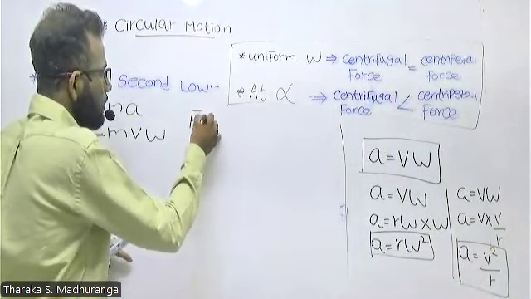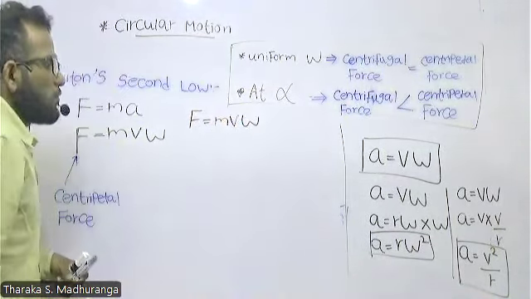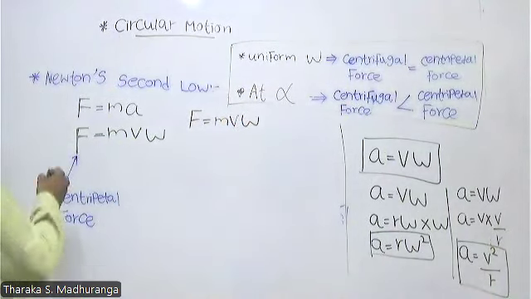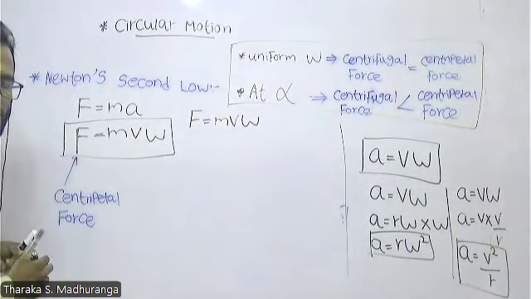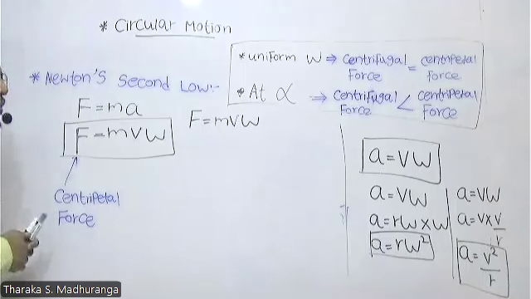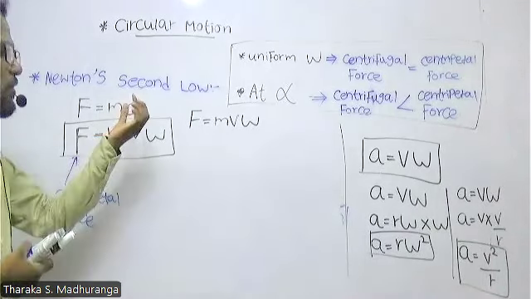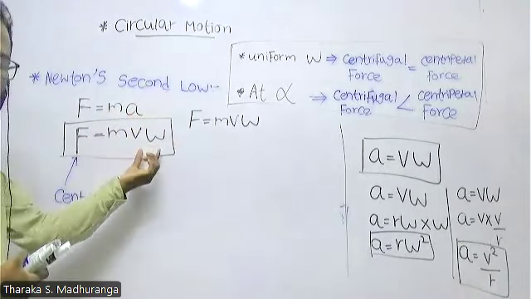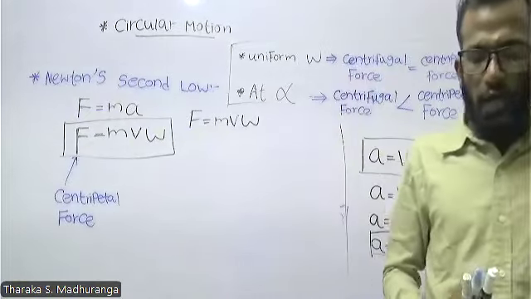F equal m v omega is the main equation to find the centripetal force. According to Newton's second law, we substitute the centripetal acceleration into it, then we can get the centripetal force.